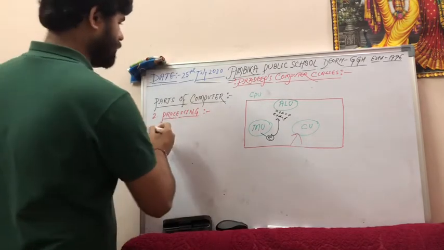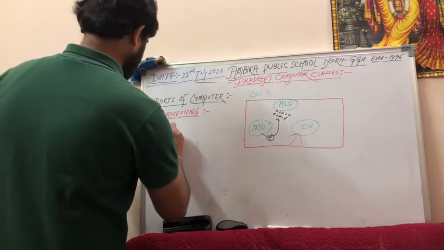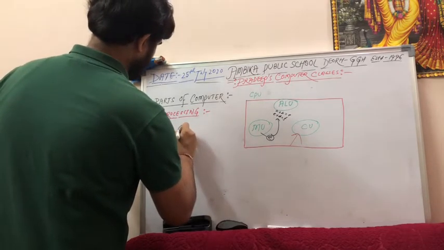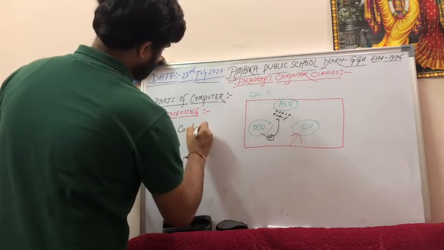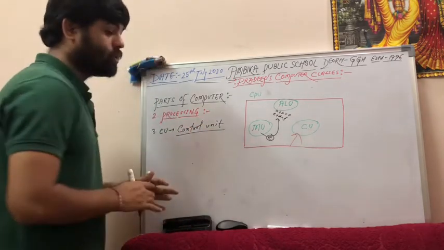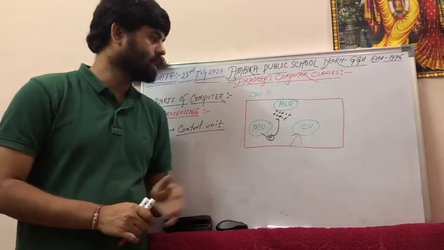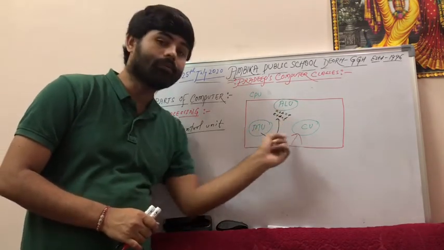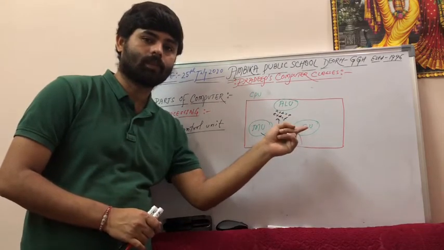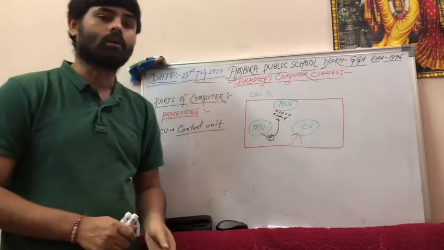Third is CU. CU is the control unit. The name itself says it clearly. Control means it is controlling all the flow of data inside. It is synchronizing and coordinating the data.